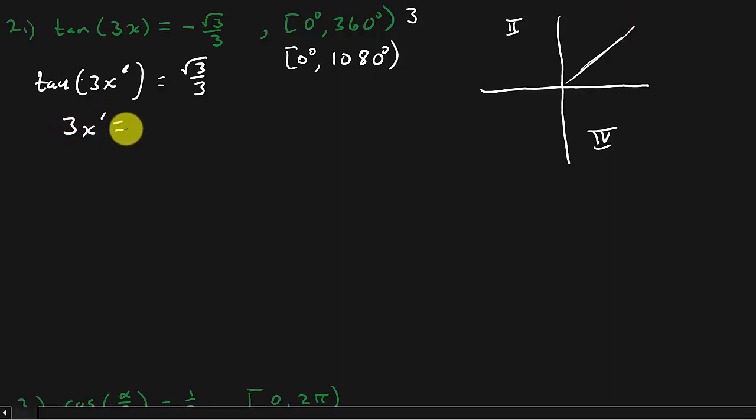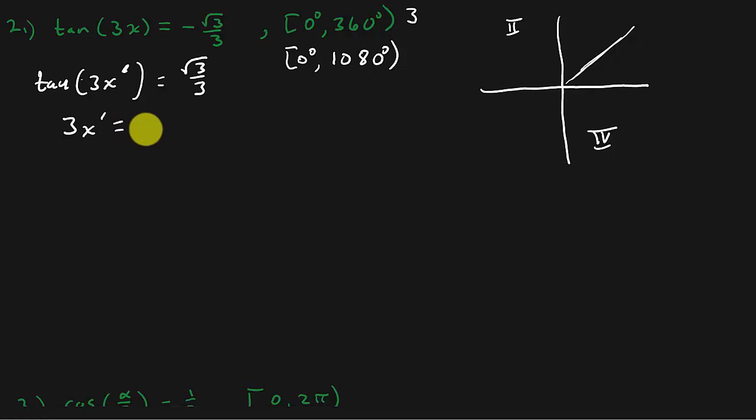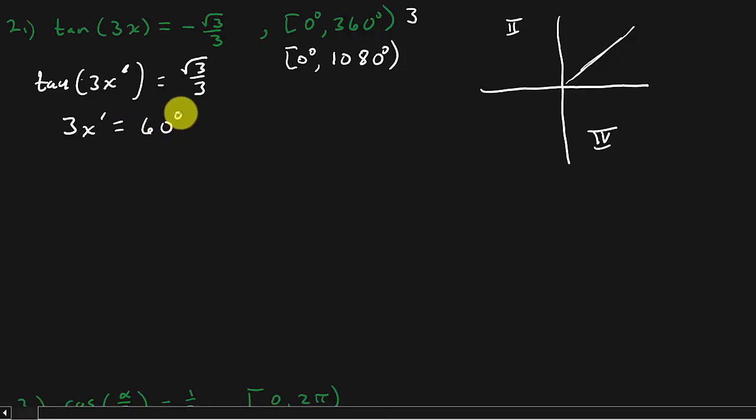So I get my reference angle. Well, the tangent of what is square root of 3 over 3? Well, that's what, 60 degrees? All right. So there's my reference angle. So now I have to use my reference angle to find my solutions in the second and fourth quadrant. So I'm going to get 3x is equal to, now I'm going to start listing my solutions.